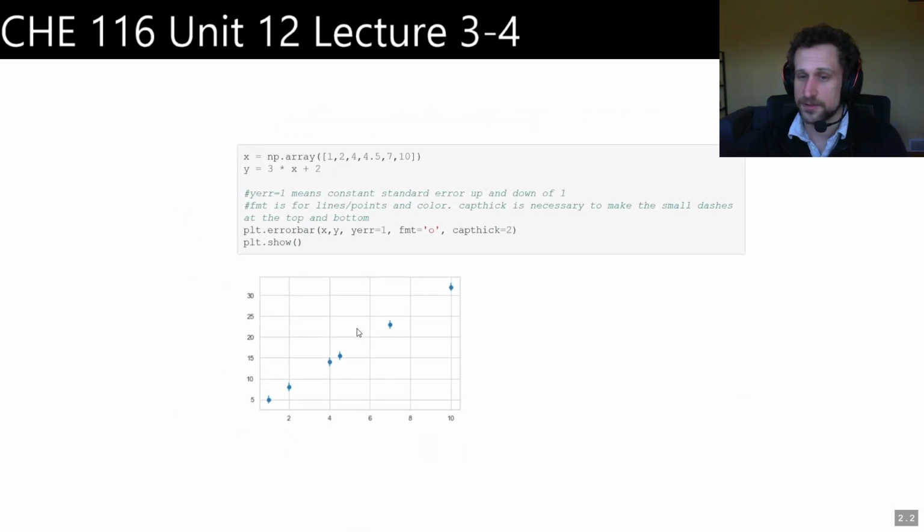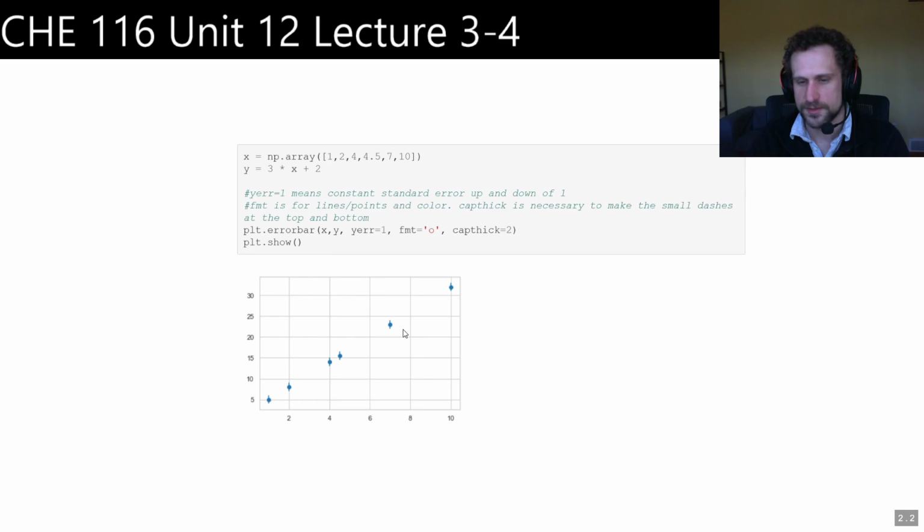The first thing that we cover in lecture 4 is how to plot with error bars. Okay, and it's very straightforward. Instead of using plt.plot xy, we use plt.errorbar, and then you can pass in what is the error in your y. So you can have y error or x error.